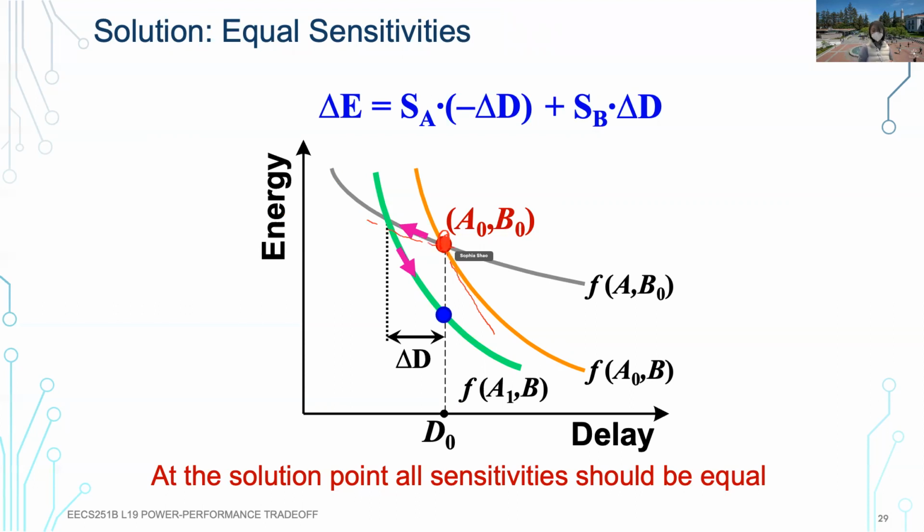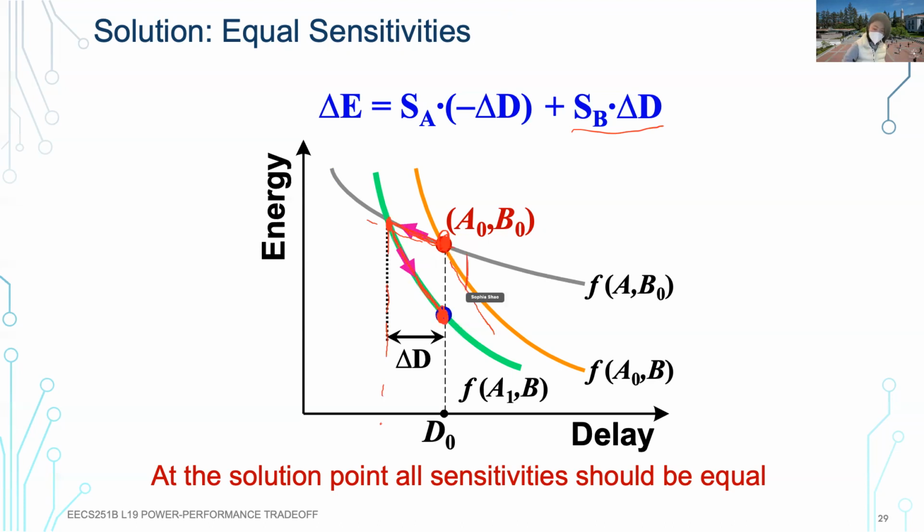What we can always do is similar to gradient descent. We want to get to a potentially better design point. We can start with either A or B. Here I'm just starting with A. We can follow the slope of A to get to a lower delay point. Then once we get to the lower delay point, we can follow the slope of B to get to a further lower energy point.